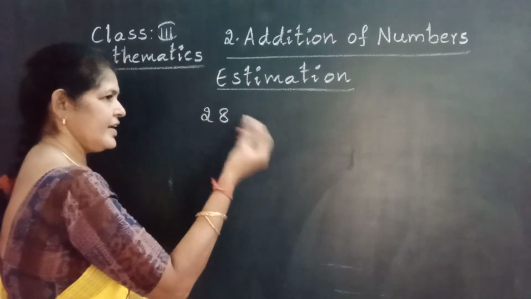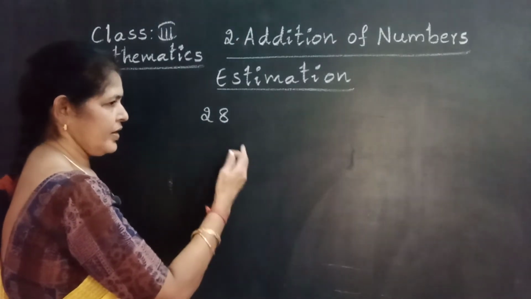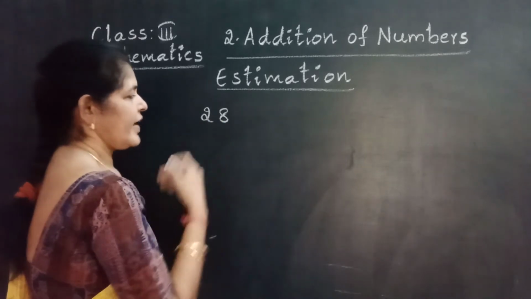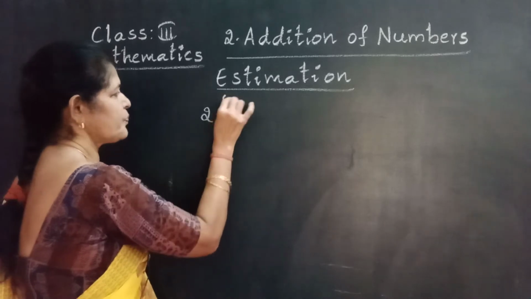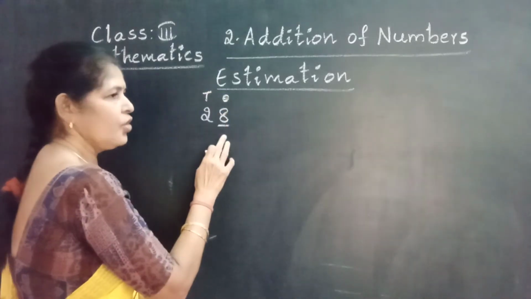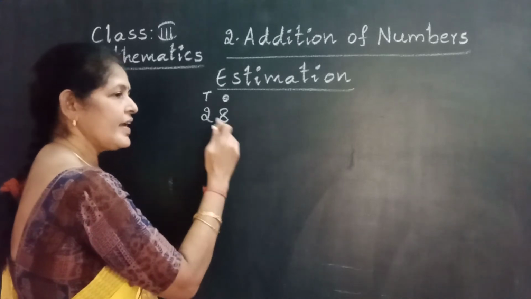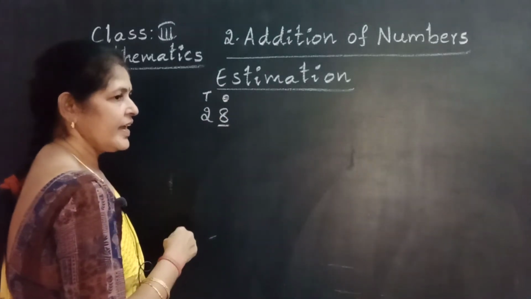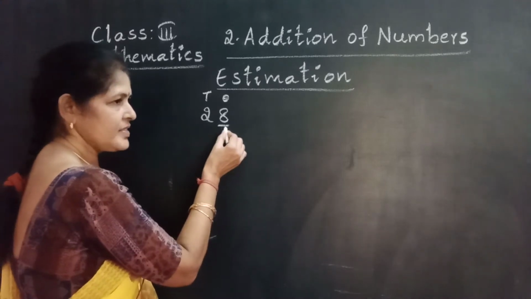Rounding off the number nearest to the tens means first we check the ones place number. Check the ones place number.